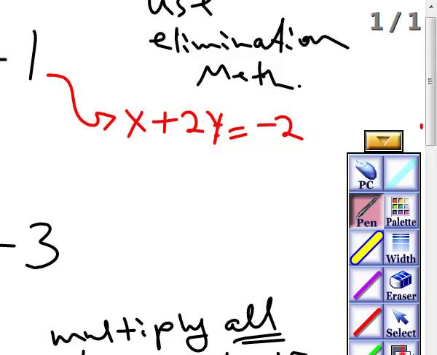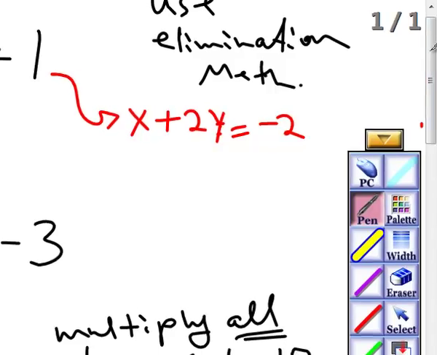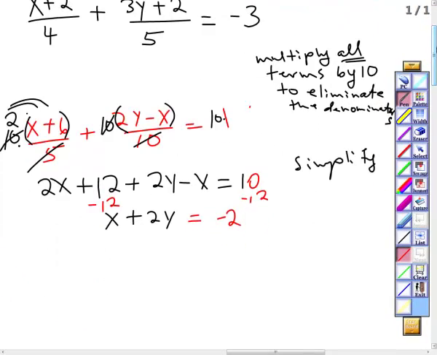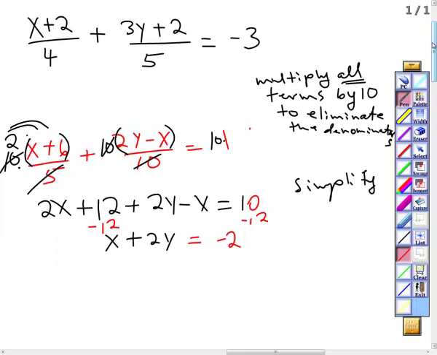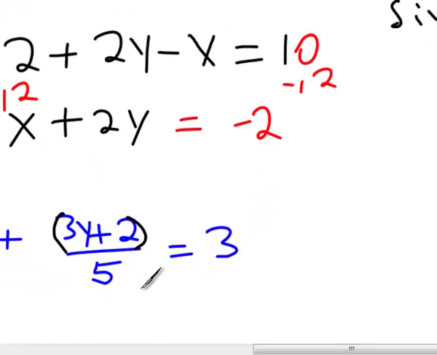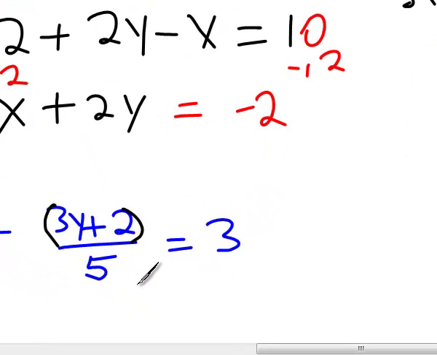Let's see what we can do with the second equation, and I'm going to have you try it: (x plus 2) over 4 plus (3y plus 2) over 5 equals negative 3. Let's put parentheses around those numerators. Find the number that will multiply out that denominator, and multiply that number times that. Go ahead and try that.